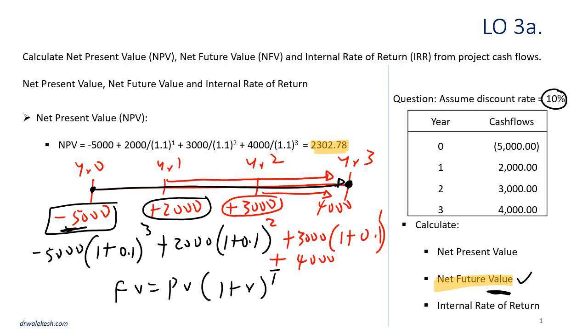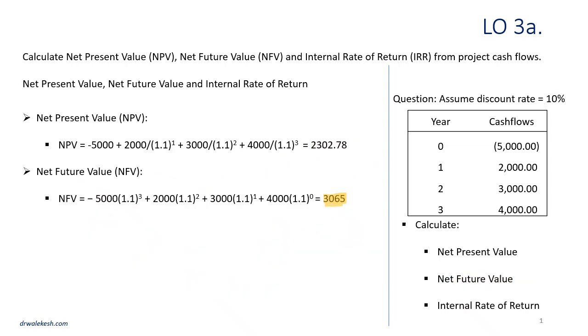For completion's sake, it will be plus 4,000 times 1 plus 0.1, but raised to power 0. The whole of this would be 1. So if you add all of these together, then I expect you to get this.